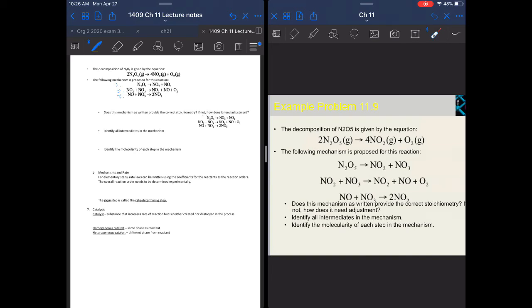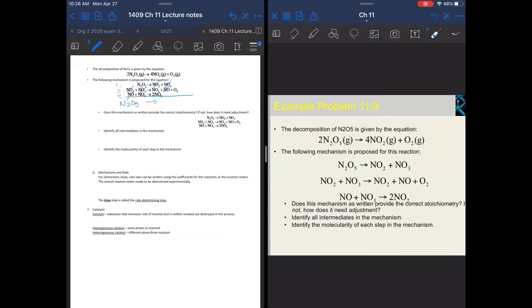Now, does this mechanism provide the correct stoichiometry as it is written? Well, to figure that out, let's add them together. So I see that I have N2O5. What can we cancel out? NO3 on both sides. One of my NO2s will cancel out.